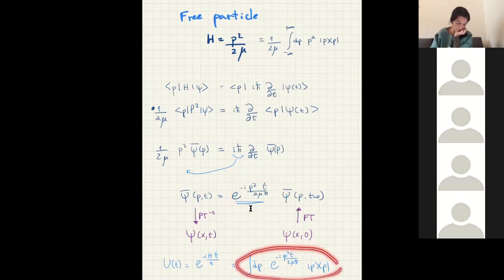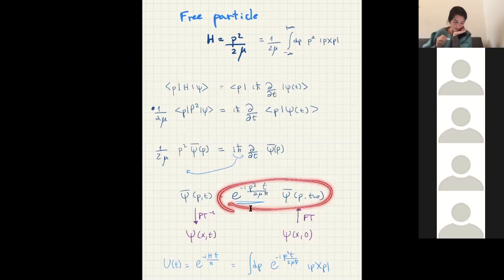Now if you sandwich it with a p on this side and the psi 0 on this side, then you get precisely this result. Good, so this is a nice sanity check.